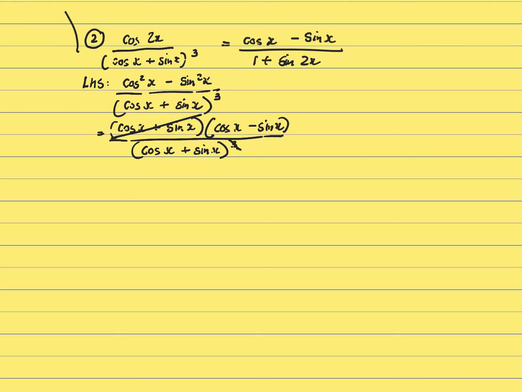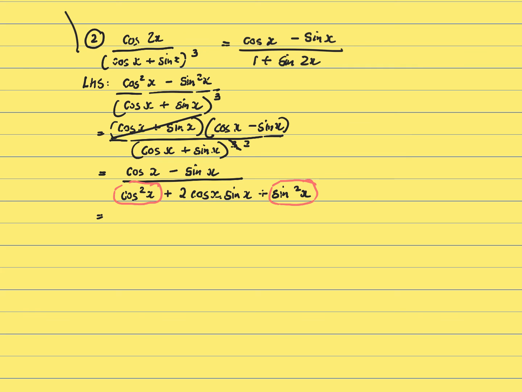So I'm left with cos x minus sine x all over. Now I'm going to expand the bottom and I'm going to get cos squared x plus 2 cos x sine x plus sine squared x. You should be able to recognize in there that cos squared x plus sine squared x is going to give you 1.